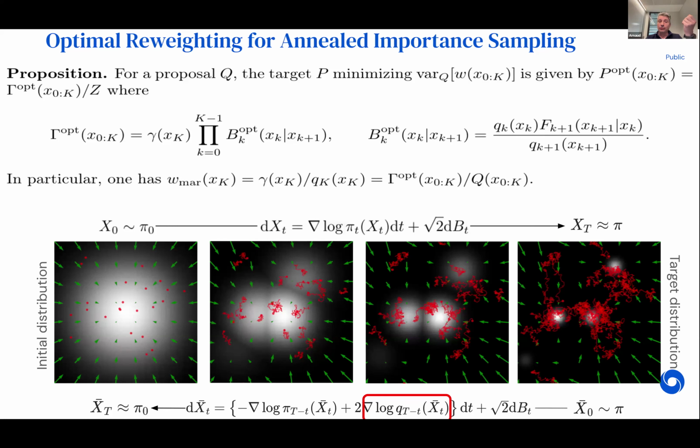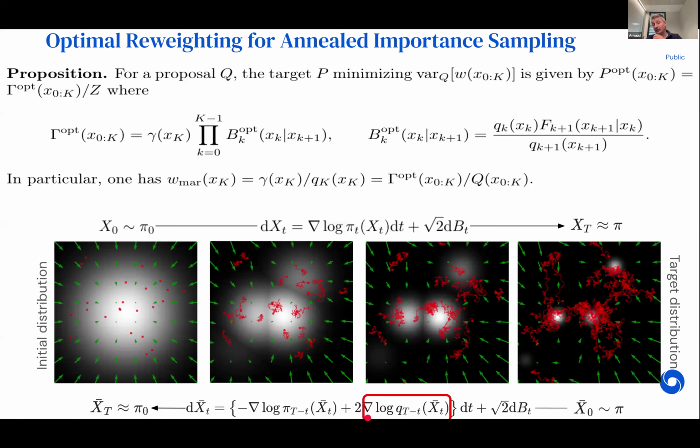We need to approximate the time reversal of this diffusion, but the time reversal of the diffusion initialized at pi. Okay, so this is what I've written. It turns out the time reversal of the diffusion is a diffusion, which depends on a term known as the score.